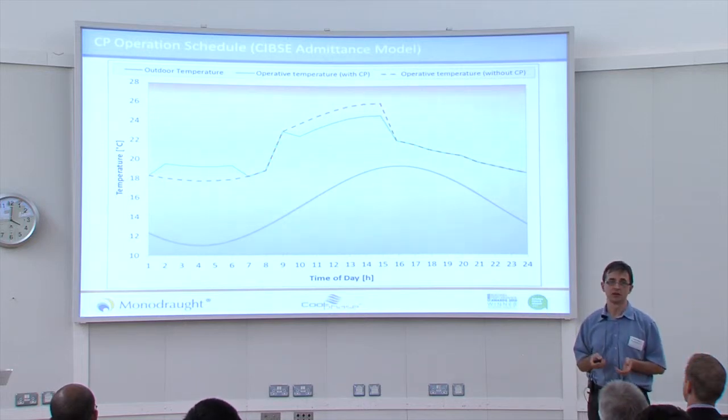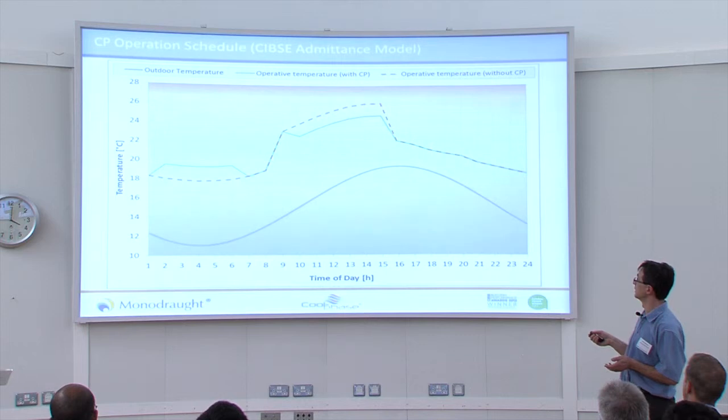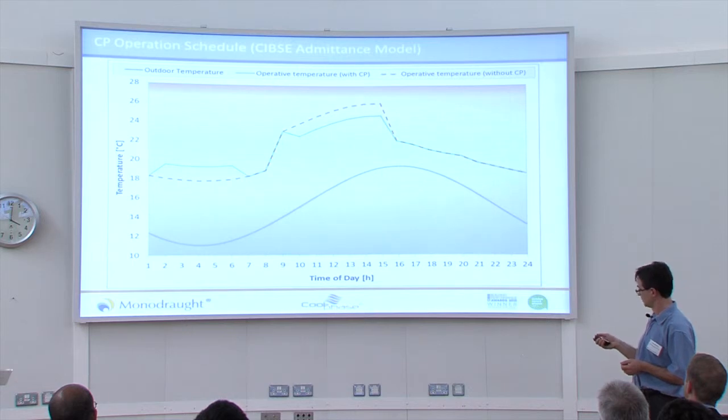Operation principle is really simple. This graph shows CIBSE admittance modeling. If you don't have cool phase, that would be the expected temperature in a classroom.